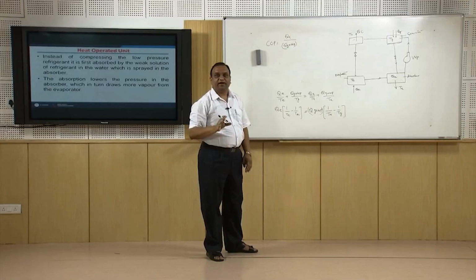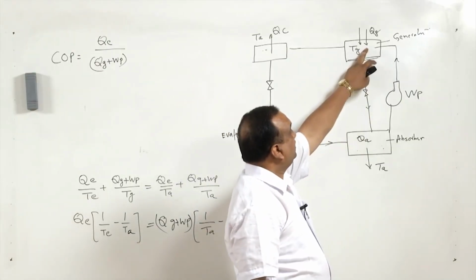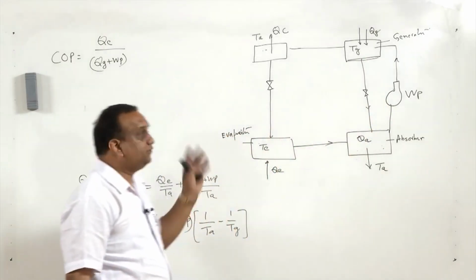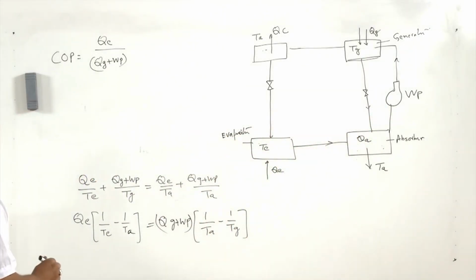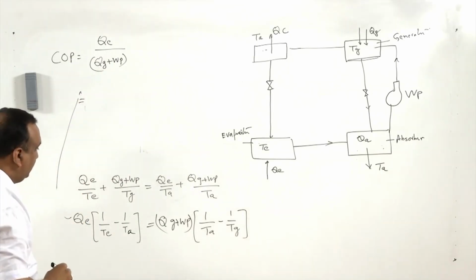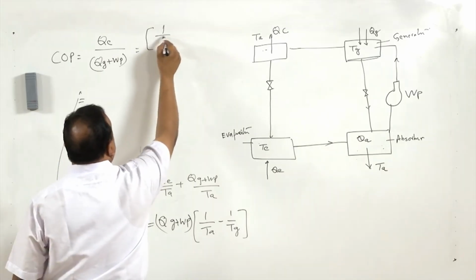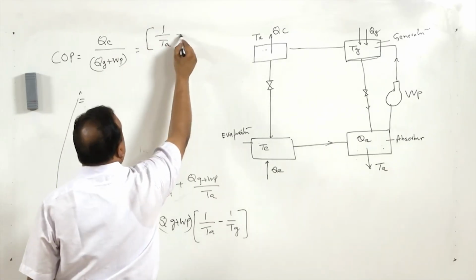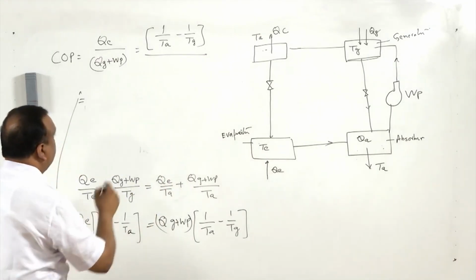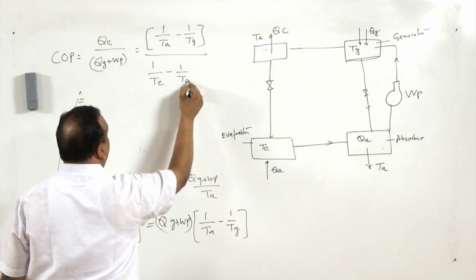In some of the books you will find that the work of the pump is neglected, because if you compare this heat transfer and this energy, this can be neglected, but here in the expression we have considered it. So, this ratio is going to be from this expression equal to (1 by TA minus 1 by TG) divided by (1 by TE minus 1 by TA).